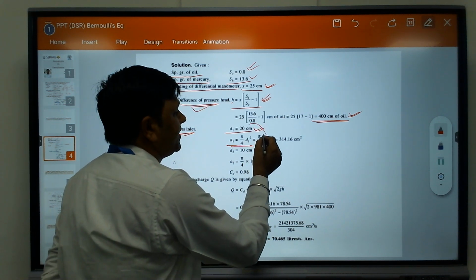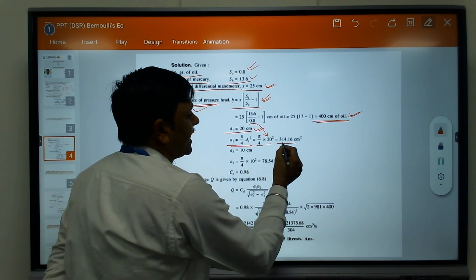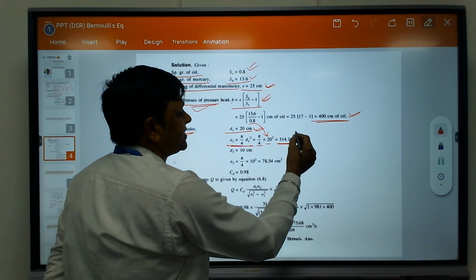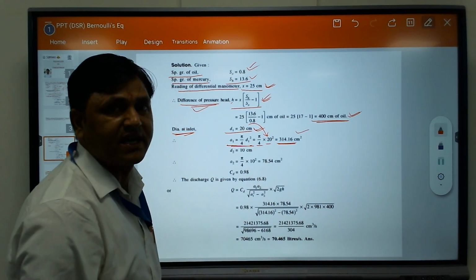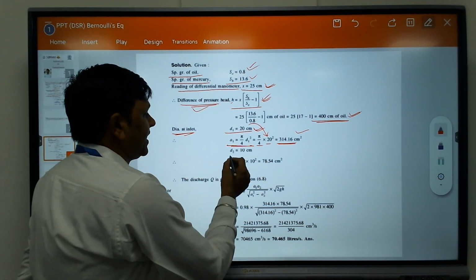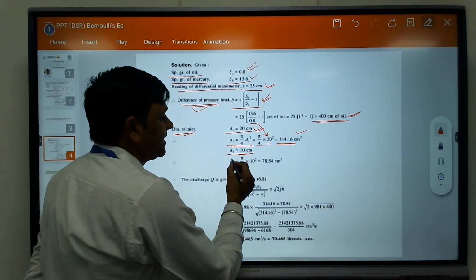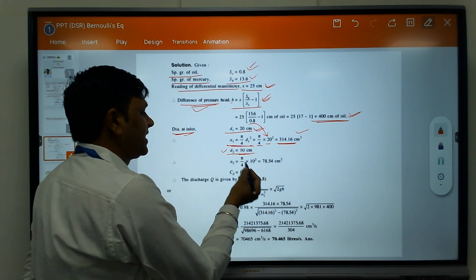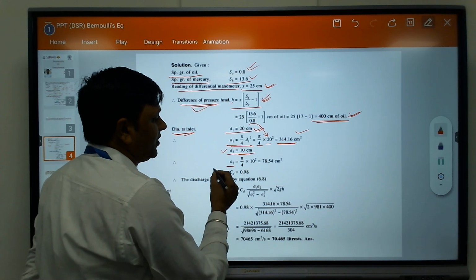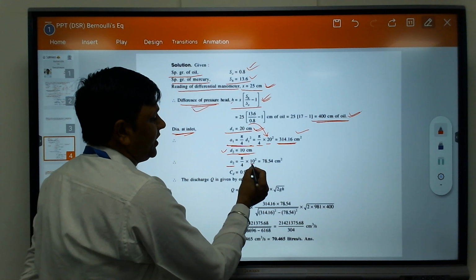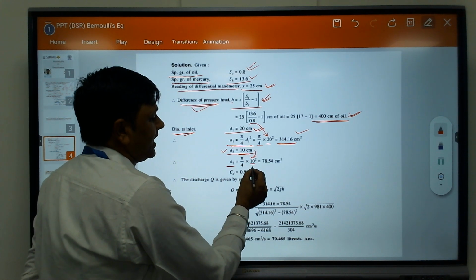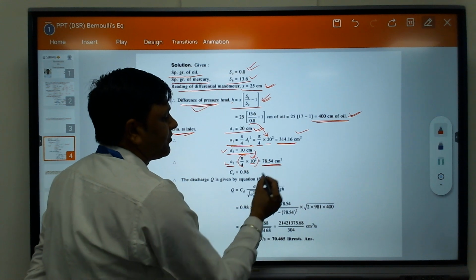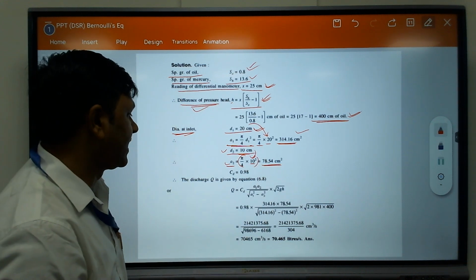Putting the value of d1 here and calculating, a1 is 314.16 centimeter square. d2 is also given as 10 centimeter. Using this diameter we can find the area a2, pi by 4 d2 square, and after calculating we get a2 as 78.54 centimeter square.